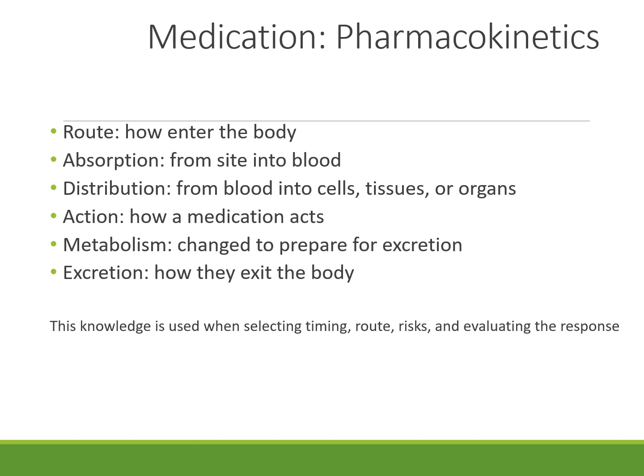Metabolism: change to prepare for excretion. I have mentioned before that drugs are usually metabolized in the liver. For excretion, if there is only one organ for metabolism of drugs, there is only one organ where the majority of drugs are excreted, and that is the kidney.